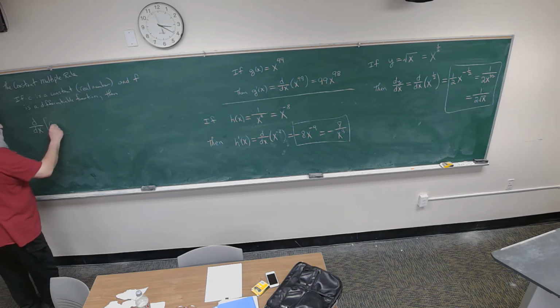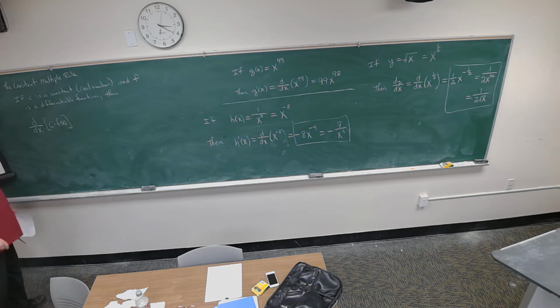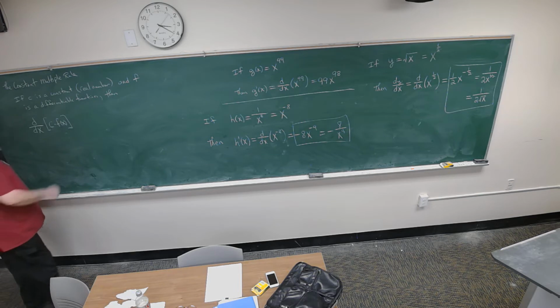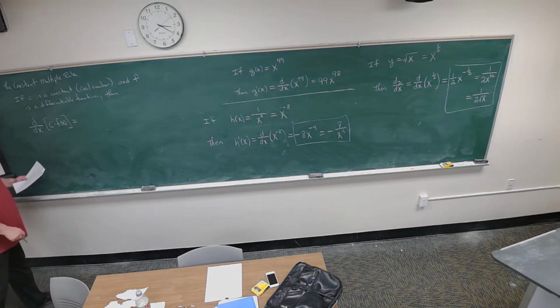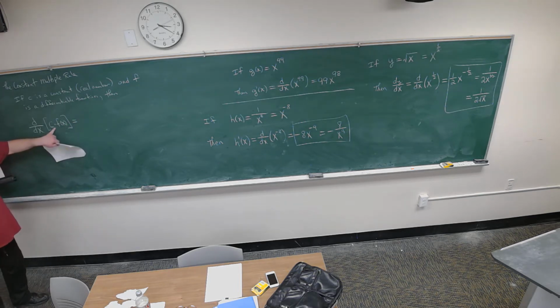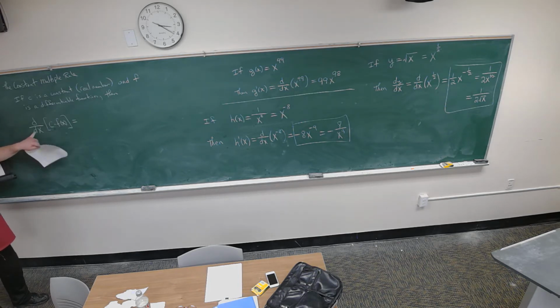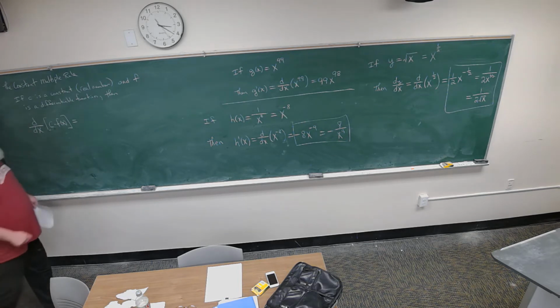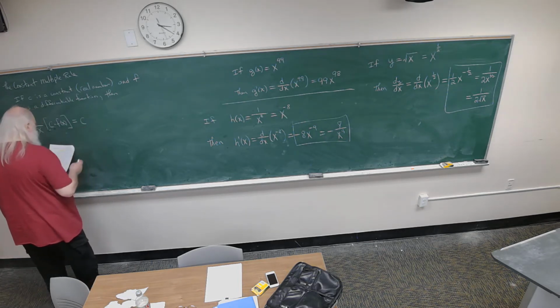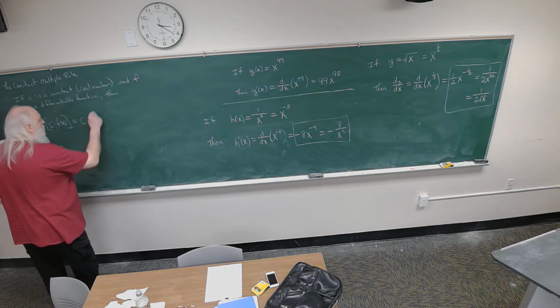of C times f of x, so we have the real number C times the function f of x, is equal to, what can I do with this real number C? You guys remember? Yeah, I can pull it out in front of the derivative. C is a multiplicative constant.